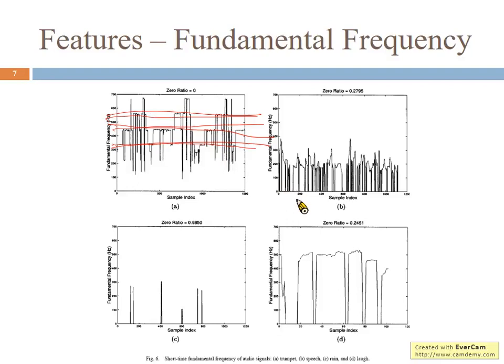The second sound effect is speech. For speech, there is some fundamental frequency around here. And the third one is running, the sound of running. So we can very clearly see that there is no clean fundamental frequency for such an audio effect.